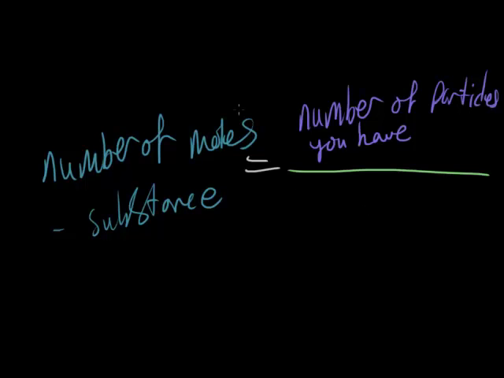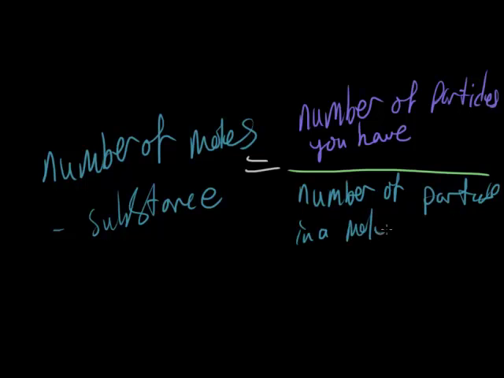Now, let me finish this. Number of particles in a mole. That would be 6.022 times 10 to the power of 23 particles. Anyway, so this would be a general equation.